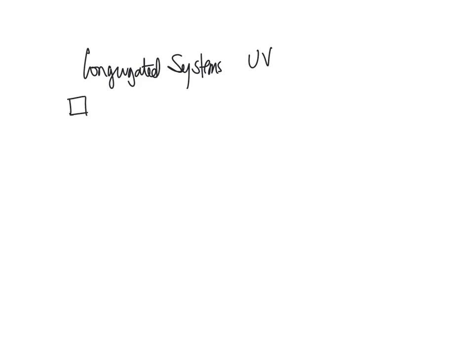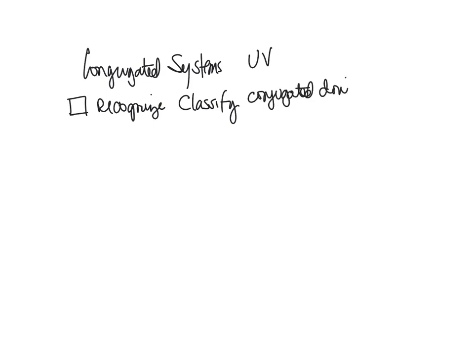This is conjugated systems. You have to be able to recognize, you could also say classify, whether a molecule has conjugated double bonds or whether they're isolated double bonds.